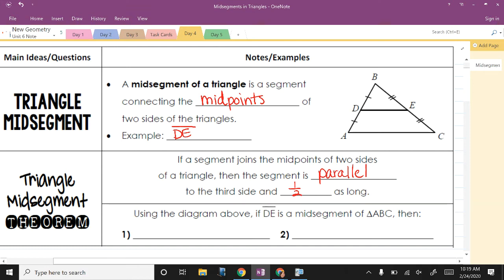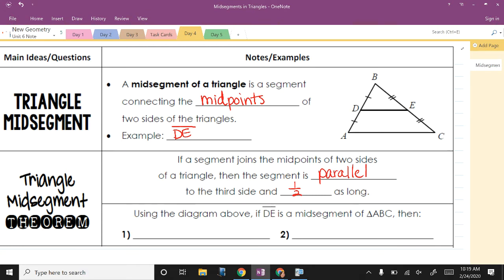So DE is going to be, since it's the midpoints from AB and BC connected, it's going to be half as long as segment AC, and it's also going to be parallel to AC. Okay? It's parallel to the third segment and half as long as the third segment.